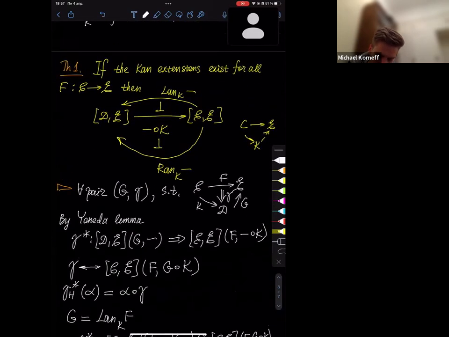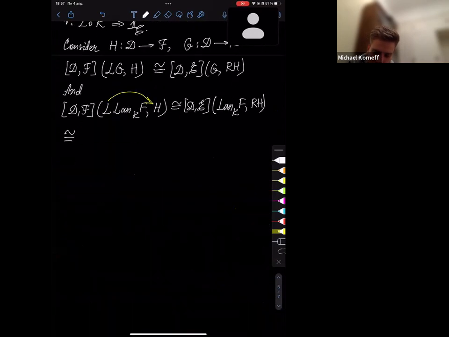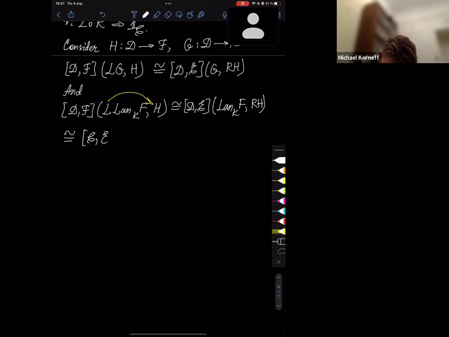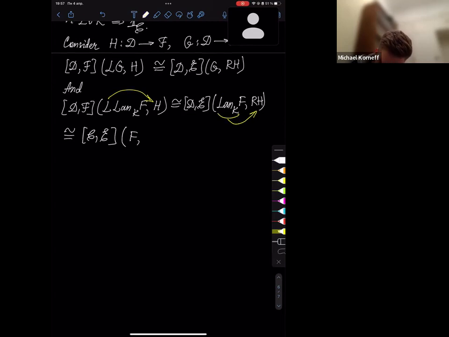This is theorem number 1, and we can change this functor to an adjoint functor, and we will have a precomposition with K, from F to RHK.